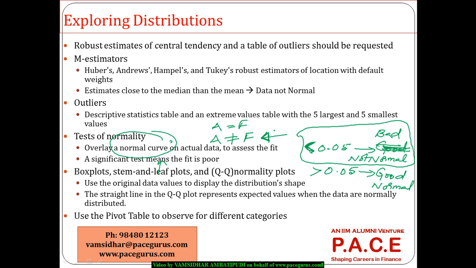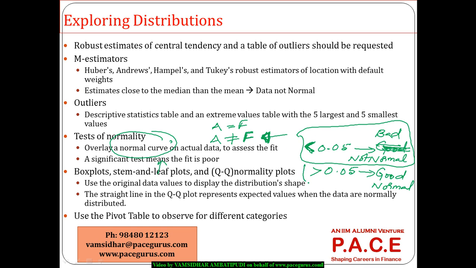The alternate hypothesis here suggests that your data is not normal because actual is not the same as fitted, meaning actual is not the same as normal. So we can very well conclude that my actual data is away from normal.